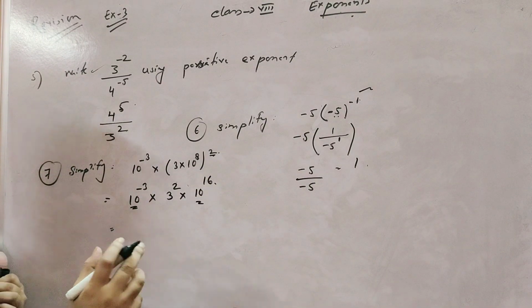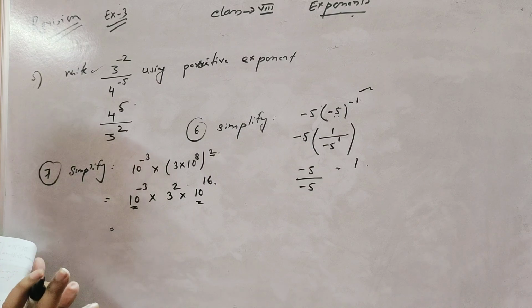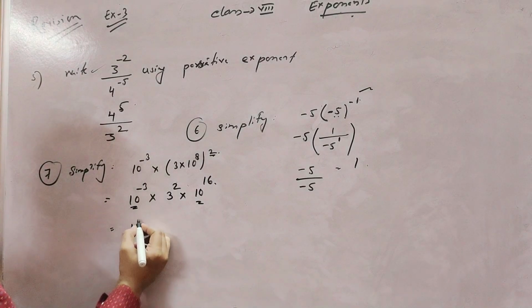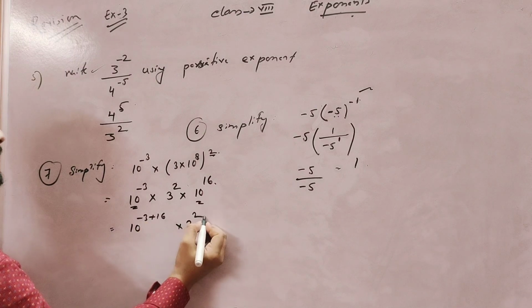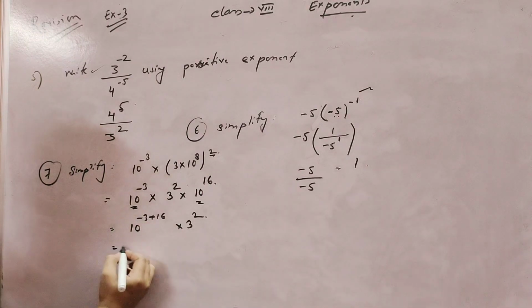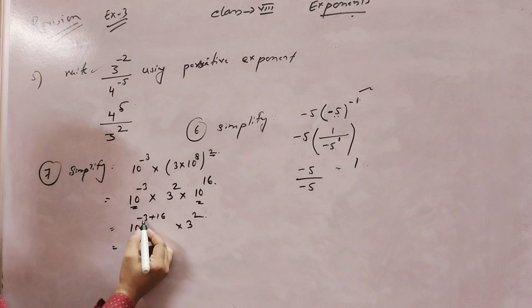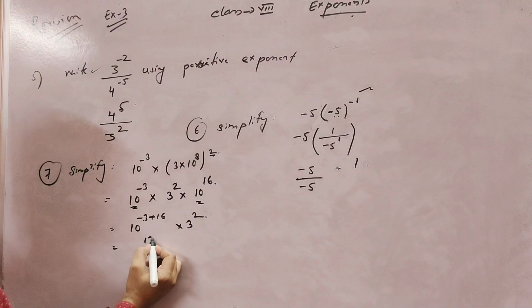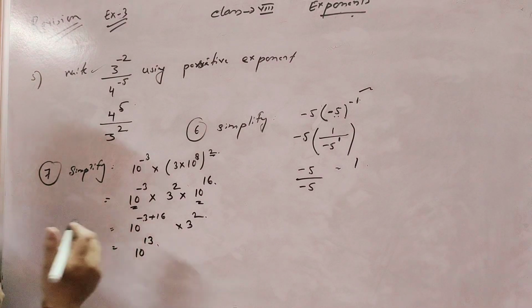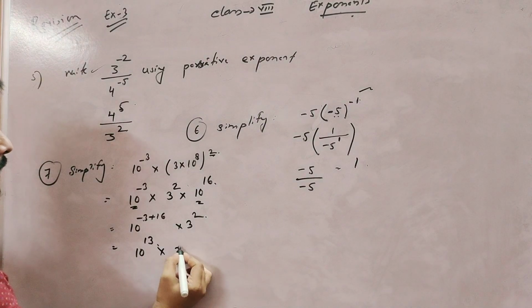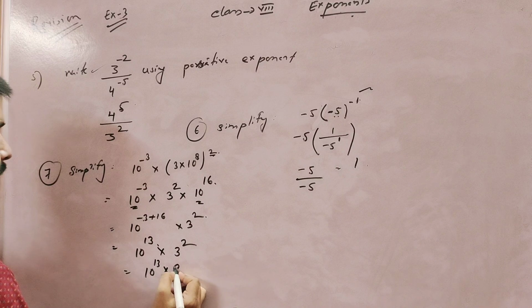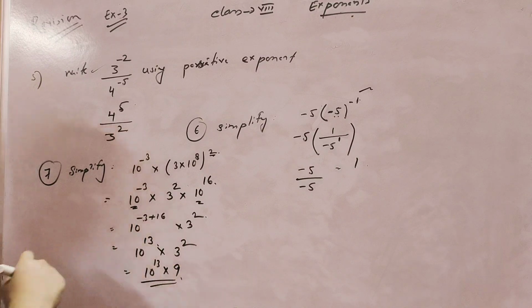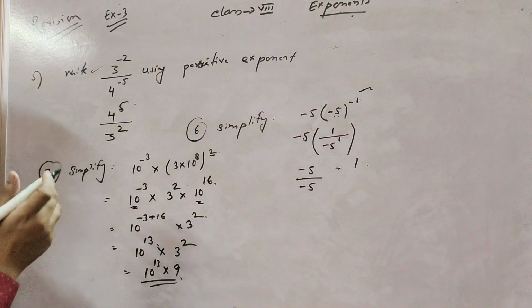So we know that with the same base the powers get added. So 10 to the power -3 plus 16 into 3 squared. Okay, so -3 plus 16 is 13, into 3 squared. So the answer is 10 to the power 13 into 9. Okay, note.